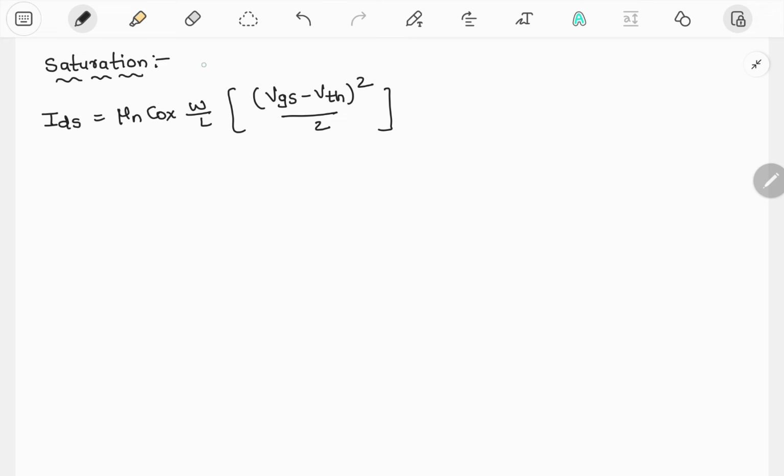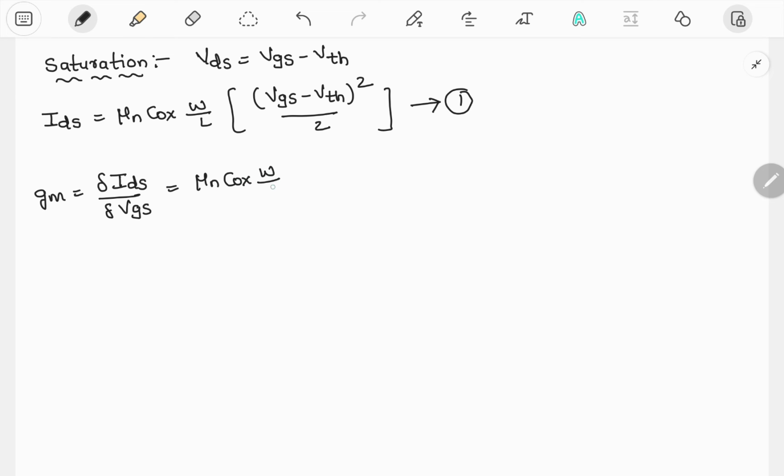We got this relation by substituting Vds equal to Vgs minus Vth in the linear equation. Now for this I want transconductance Gm, which is equal to differentiating Ids with respect to Vgs. This will be mu n Cox W by L.